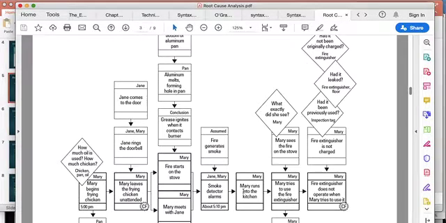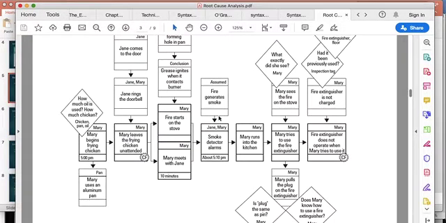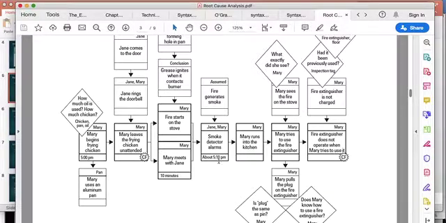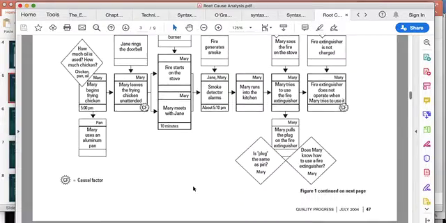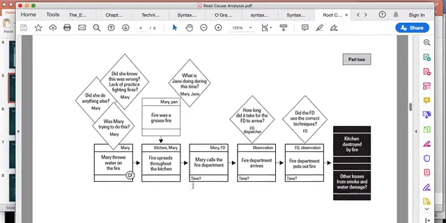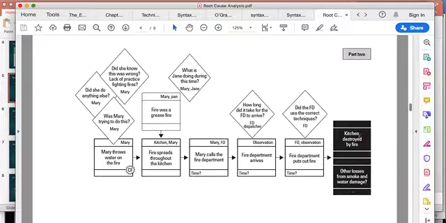There are bold boxes, there are not bold boxes, there are diamonds with questions, there are timestamps some places, there's the CF, the causal factor, little badge on some of these things. Pay attention to those things. So they're just basically coding their investigation. And then there are some black boxes over here. This is the outcome, right? The black box is at the end.